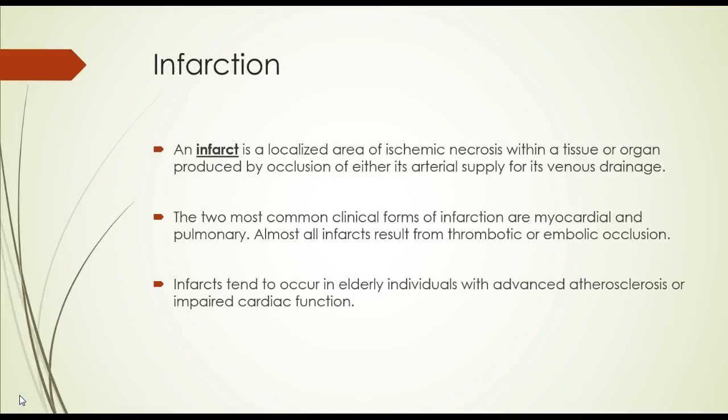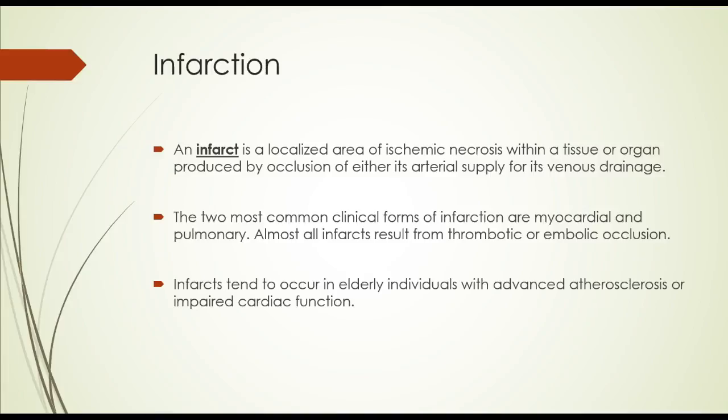Now, ischemia can lead to infarction, and an infarct is a localized area of ischemic necrosis within a tissue or organ produced by occlusion of either its arterial supply or its venous drainage. The two most common clinical forms of infarction are myocardial infarction and pulmonary infarction.